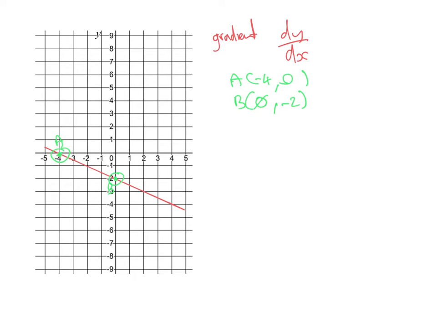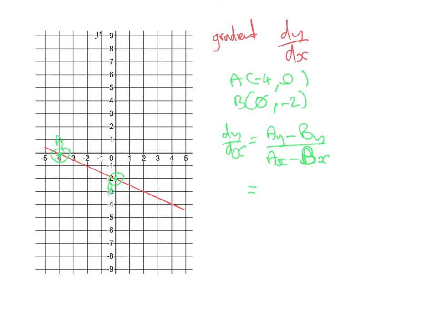So if we're going to use dy/dx, that equals the difference between the y's: the y component of A, take away the y component of B, over the x component of A, take away the x component of B. Okay, so that's the difference on the y on the numerator and the difference on the x on the denominator.